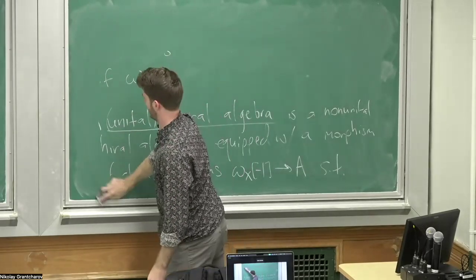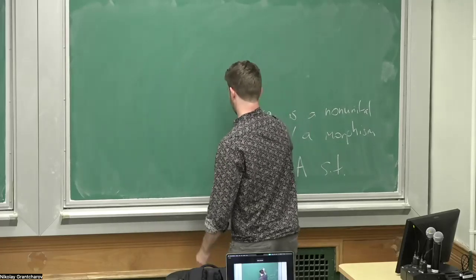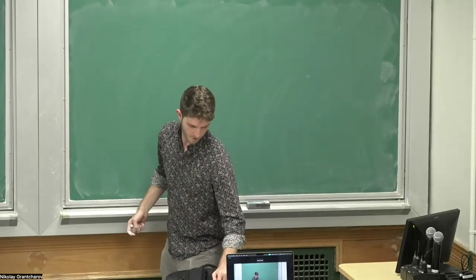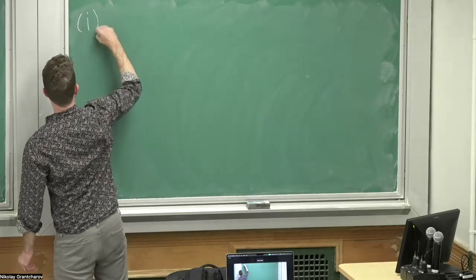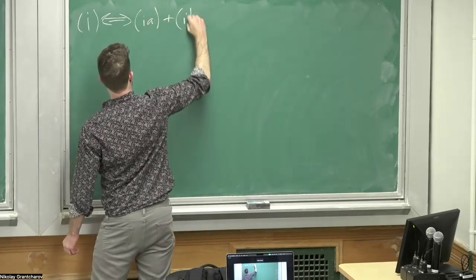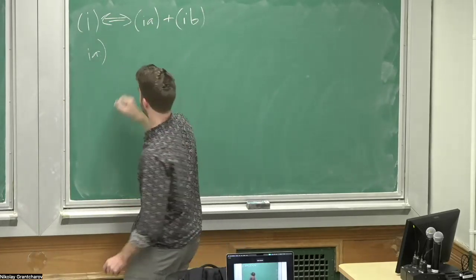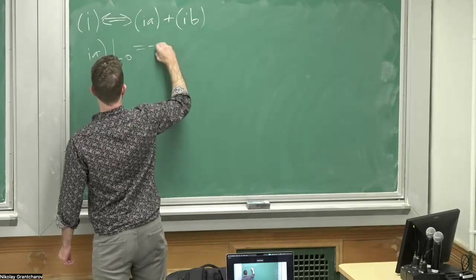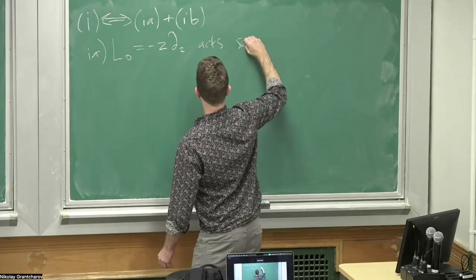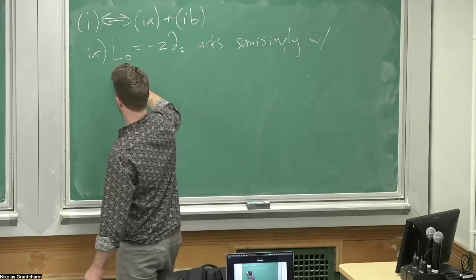And then, let me say explicitly what condition 1 amounts to in terms of the action operators Ln. So 1 is equivalent to a combination of 2 conditions that I'll call 1a and 1b. 1a says that L0, which remember is minus z d/dz, acts semi-simply with integral eigenvalues.